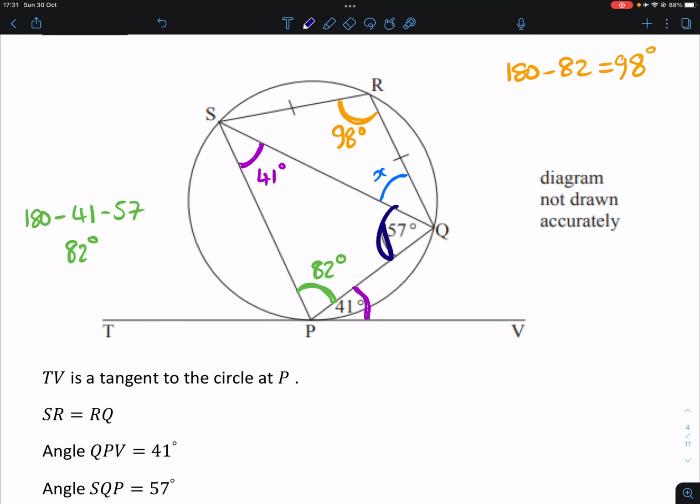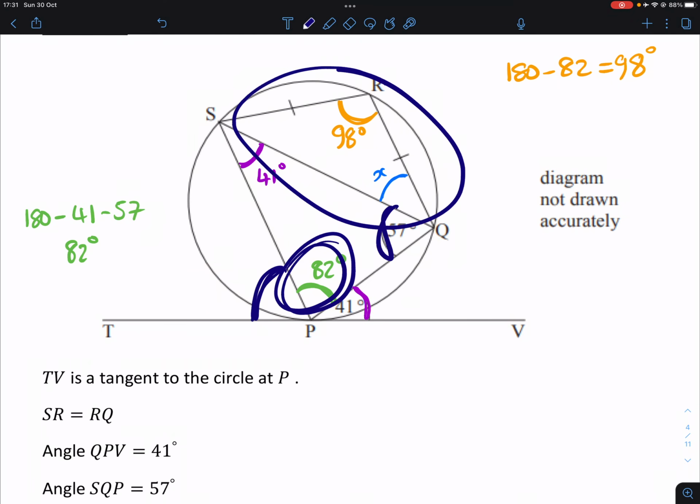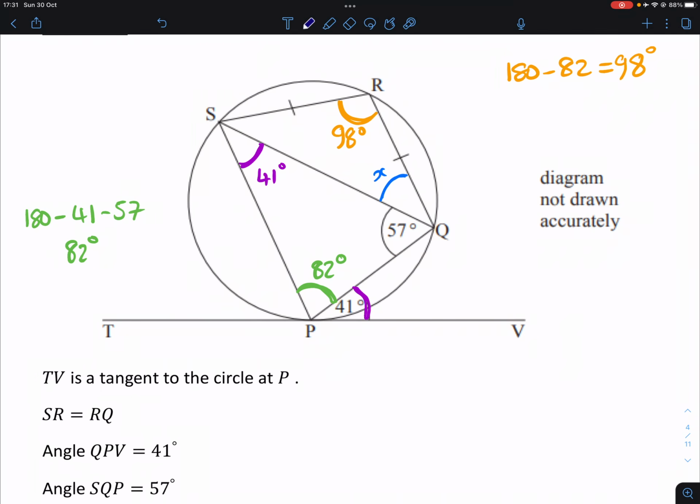However, if we had found this 57 to give us this one, and then did angles in a straight line add up to 180, I would have to say for this triangle here, angles in a triangle add up to 180. So you've just got to make sure you state the rule every time you use it. The only time you don't have to write it again is if you've already said it.